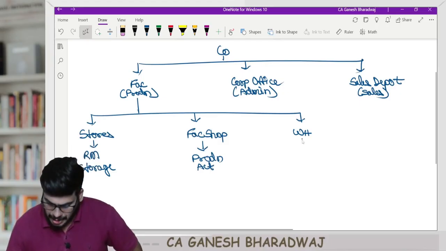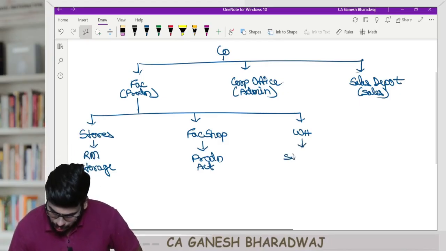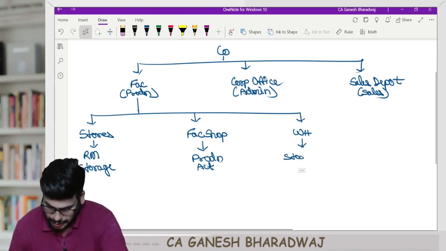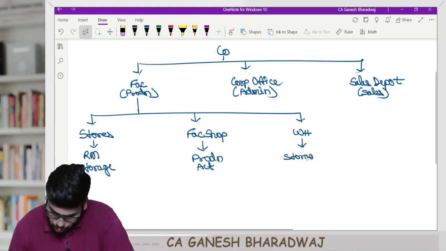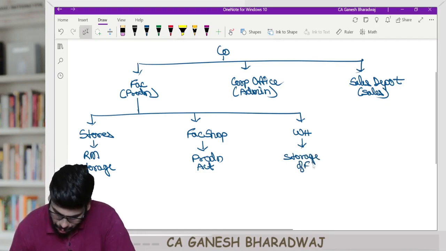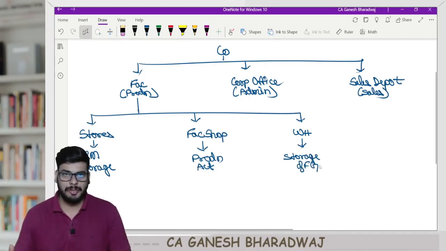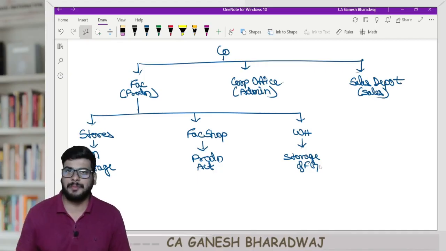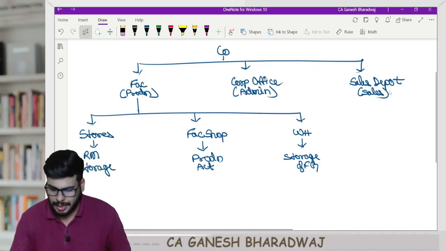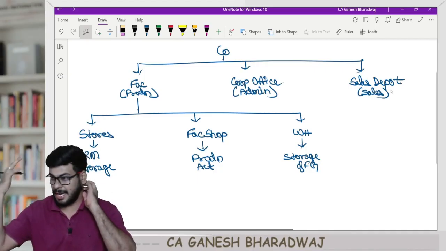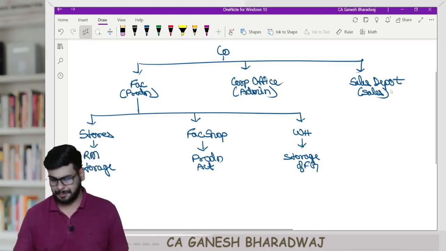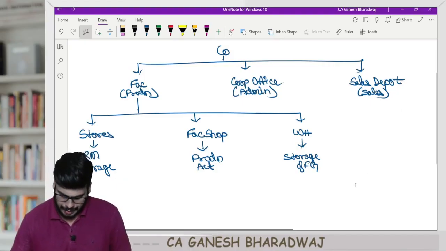And what happens in a warehouse? In a warehouse, you have storage of finished goods. From here only, goods will be sent to the sales depot, and from there the goods will move directly to the customers. Clear with this, guys?